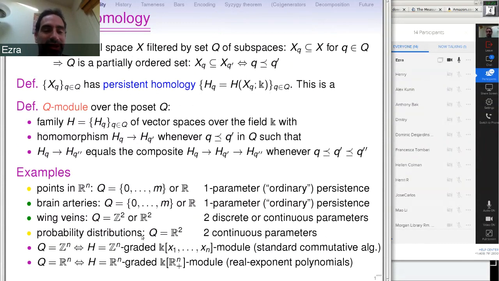That's summarizing a data set or a population. Same with the points in R^n. In contrast, for the brain arteries and the wings, we're summarizing data objects. And when you summarize data objects, you get one persistence module for each data point, not for each data set. So the yellow ones give you one persistence diagram for each data set. The green ones give you one persistence diagram for each data point. That's just to point out that there's a difference in how persistence is being used.